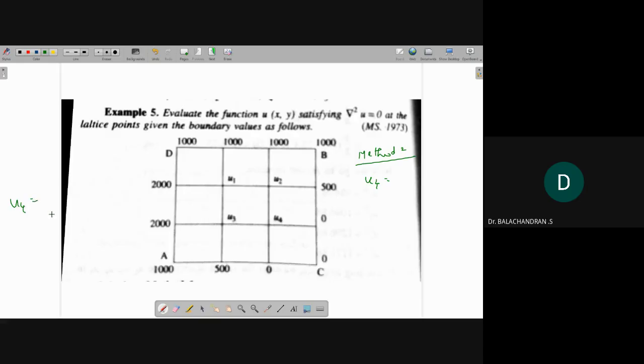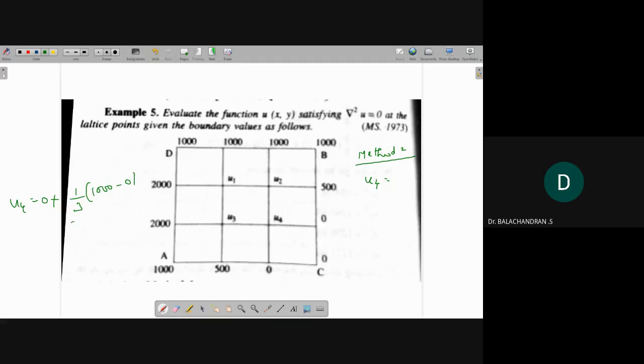I am taking this vertical line, 0 plus one third of the distance, because 1, 2, 3. So u4 is one third of 1000 minus 0.